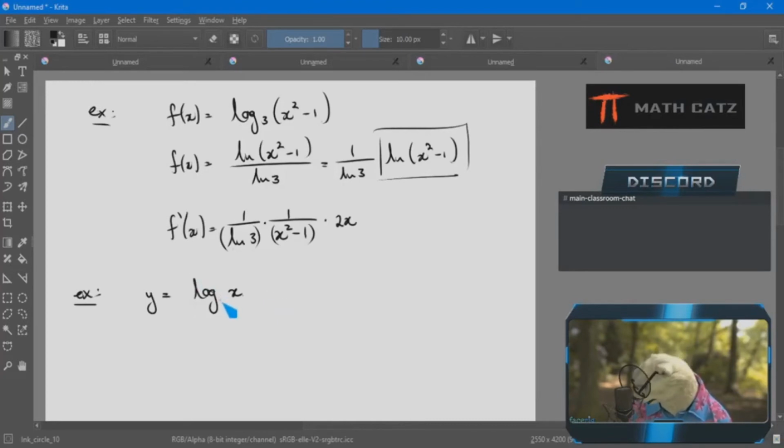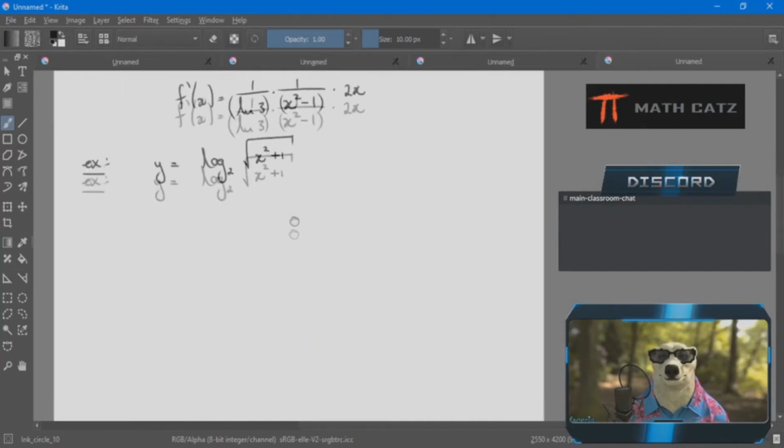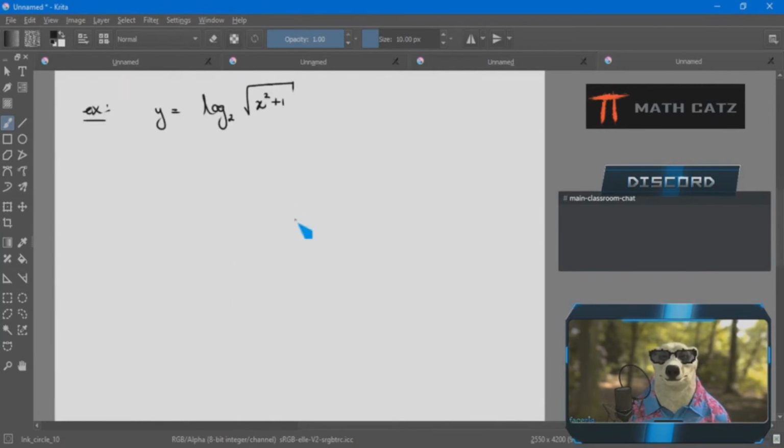I will pick a base. Let's pick base 2. And I don't want to pick just x. I want to pick the square root of our friend x squared plus 1. Now, I look at this and I see, okay, it's not base e. I want to change it.